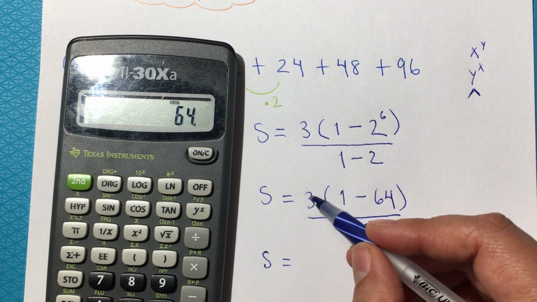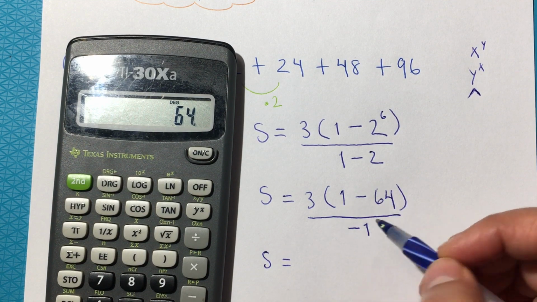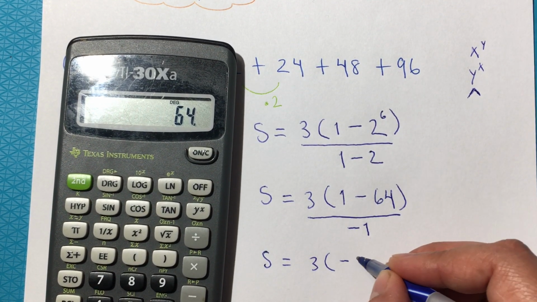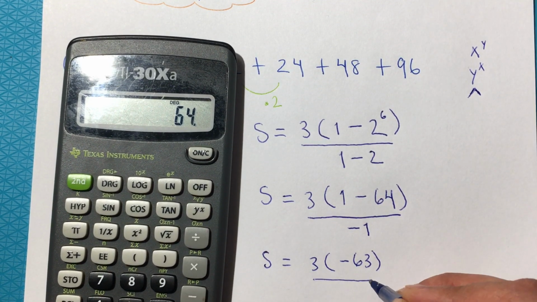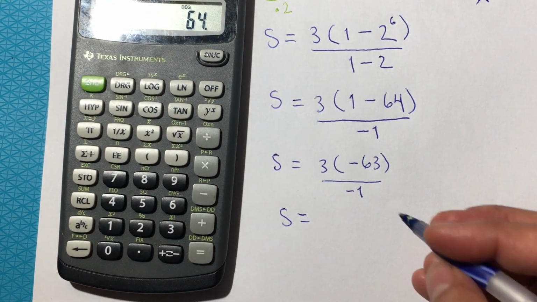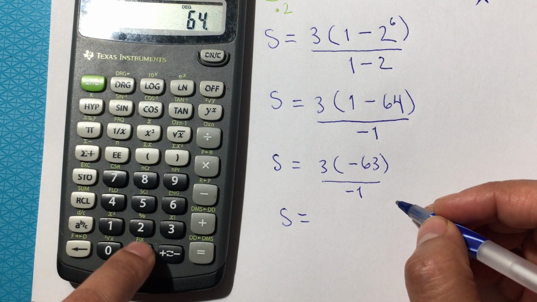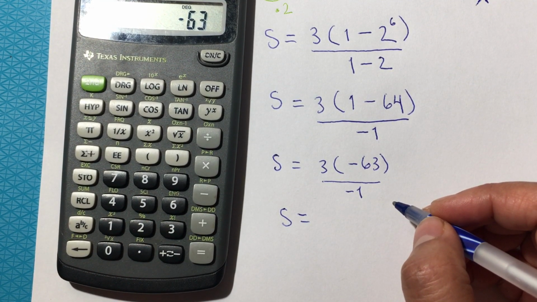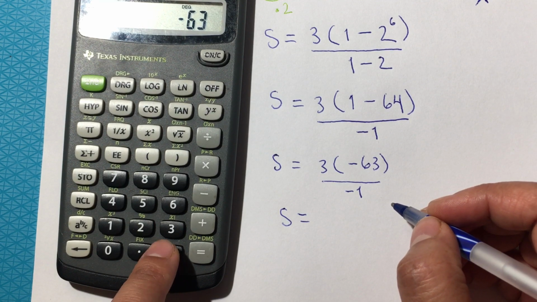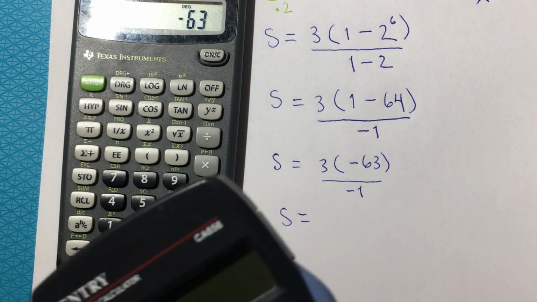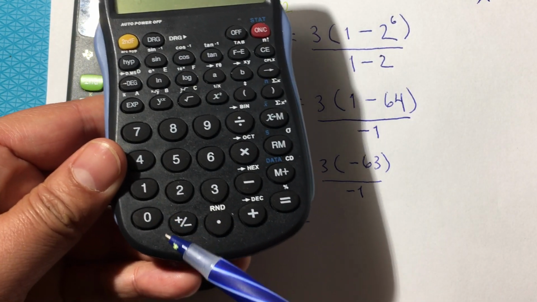For the next step, you can do distributive property, or you can combine this. So it's 3 times 1 minus 64, which is -63, divided by -1. 3 times -63: this button changes the sign, and sometimes it is a little different. Let me show you another calculator. It has it like this.